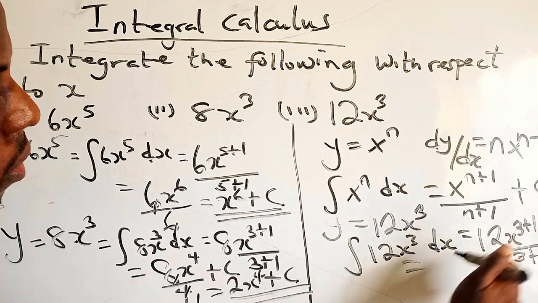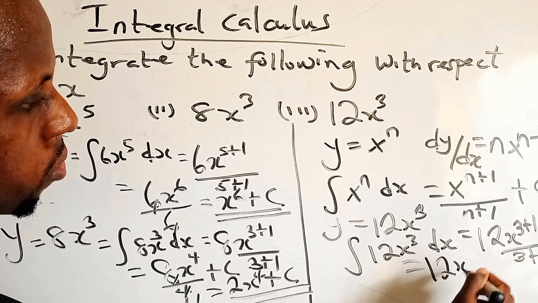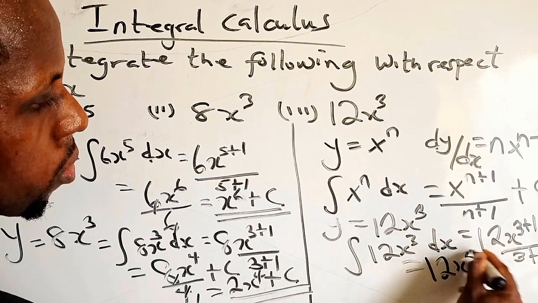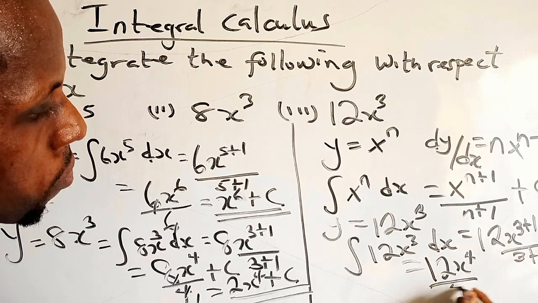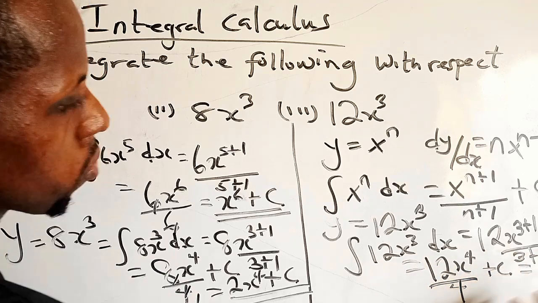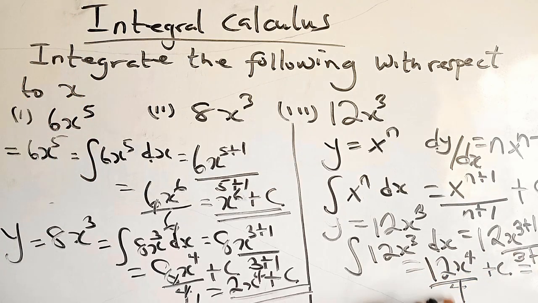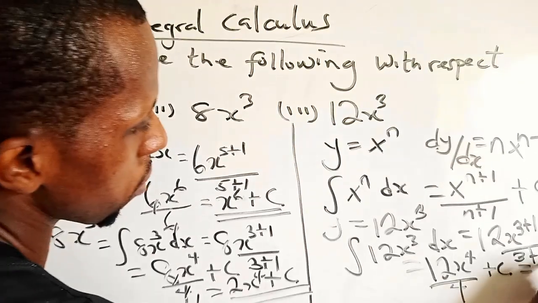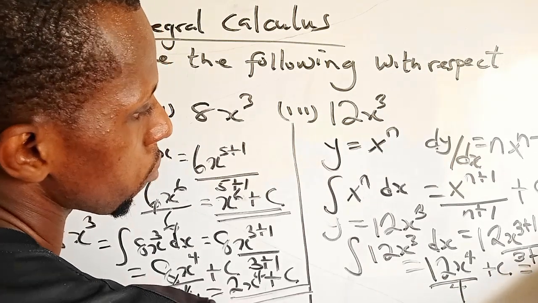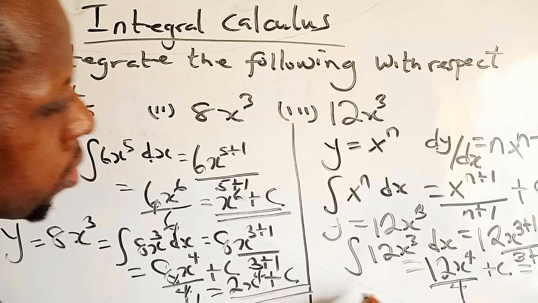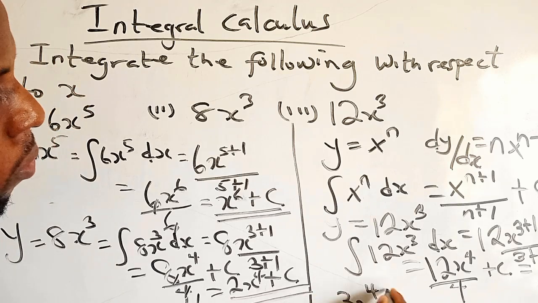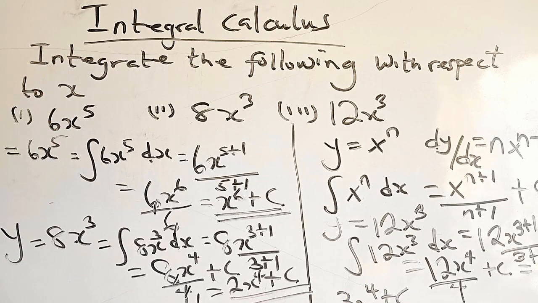So we have 12 times x raised to power 4, divided by 3 plus 1, which is 4, plus c. So our final answer is, when you divide 12 by 4, you have 3x raised to power 4 plus c. So 3x raised to power 4 plus c is the answer to this.